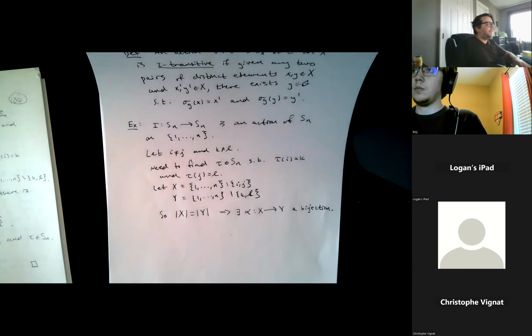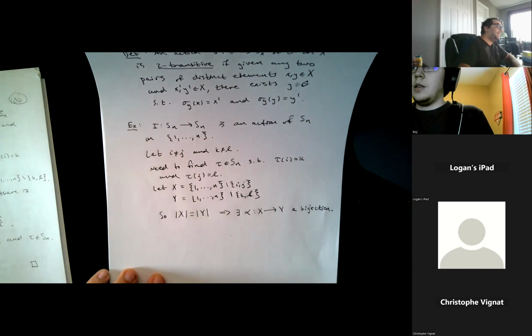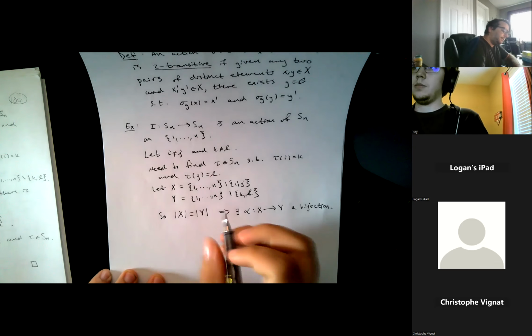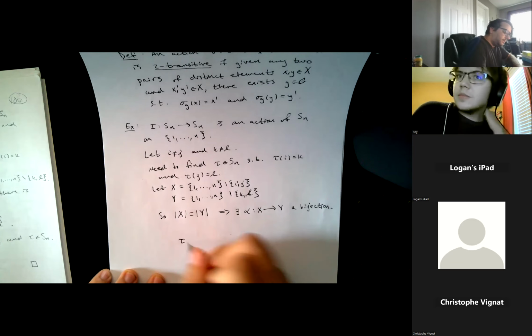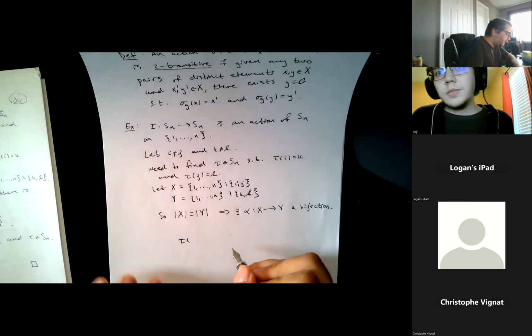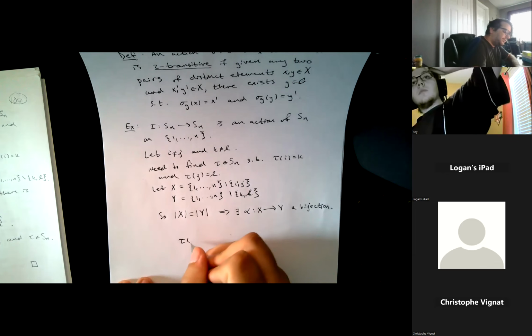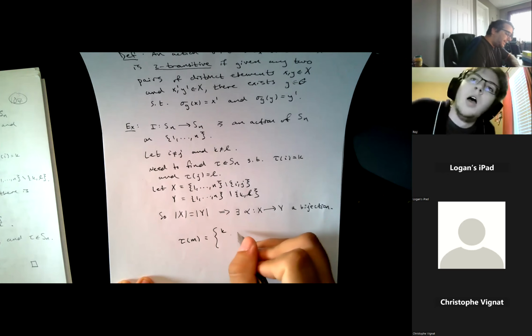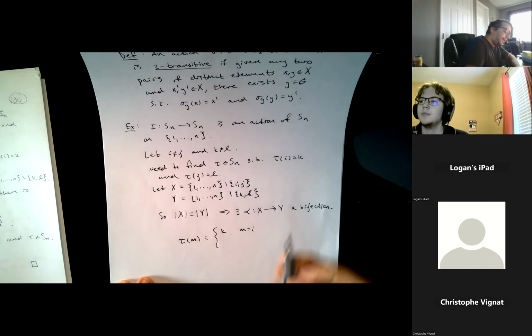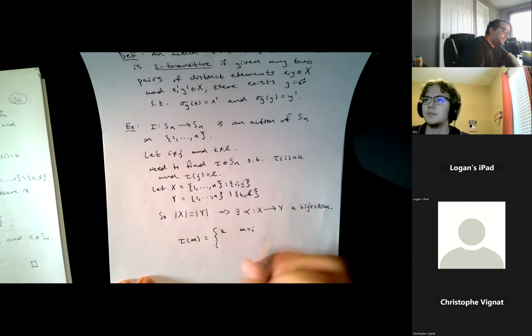So how do we define tau? Well, tau needs to itself be a bijection. It needs to exist inside of the symmetric group. So we define tau of, use another letter, let's use M, to be K if M is equal to I. That way we satisfy this condition.